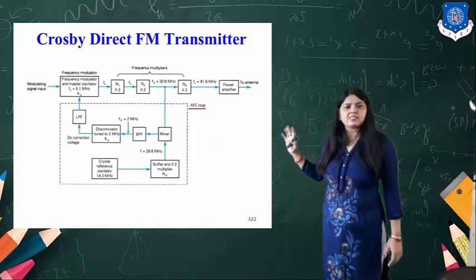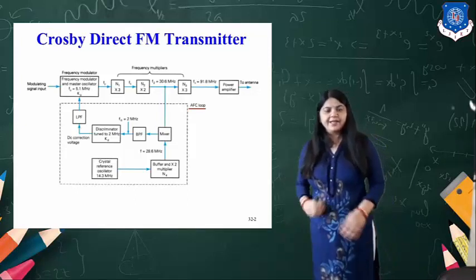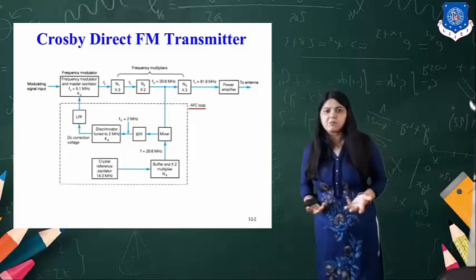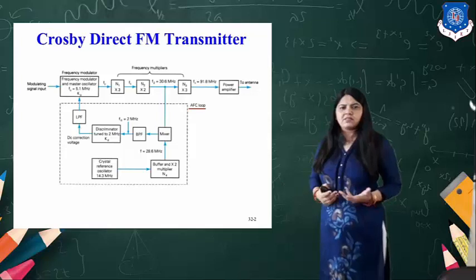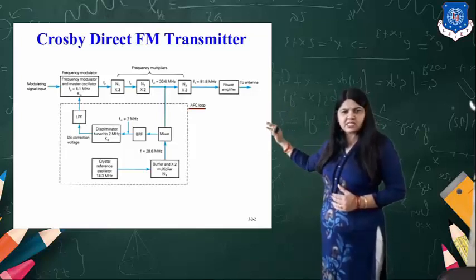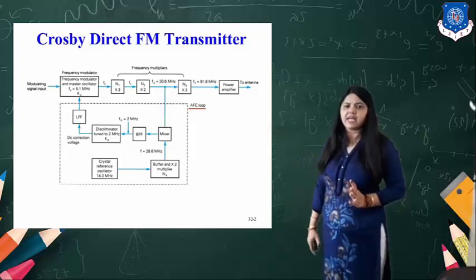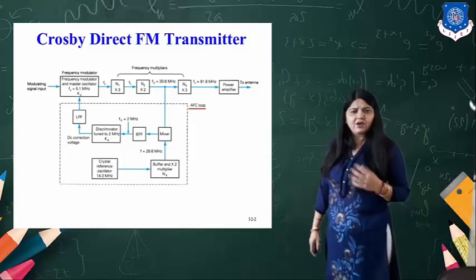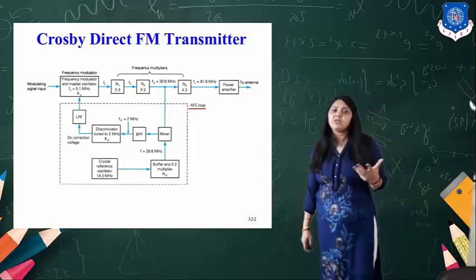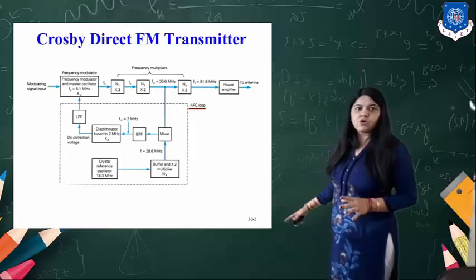The modulating signal is applied to the frequency modulator, and it is given to the multiplier. This will multiply by 3, then 2, then 3, so 3 times 3 is 9, multiplied by 2 is 18. The carrier frequency can be changed by multiplying by 18.